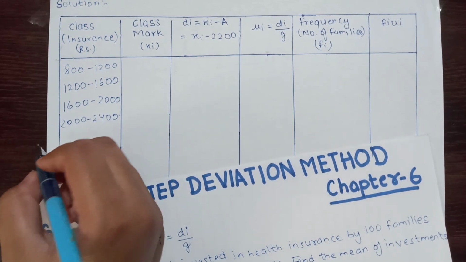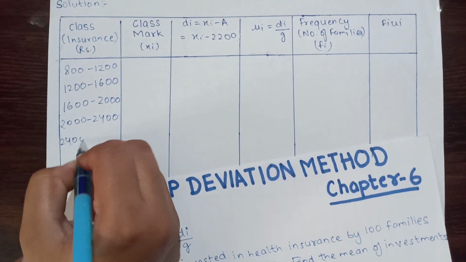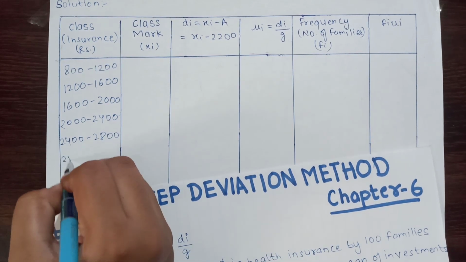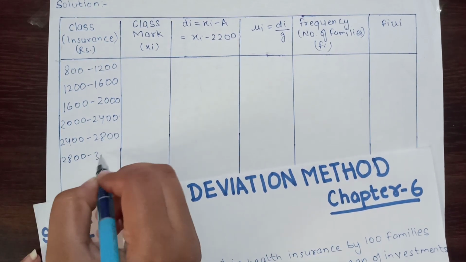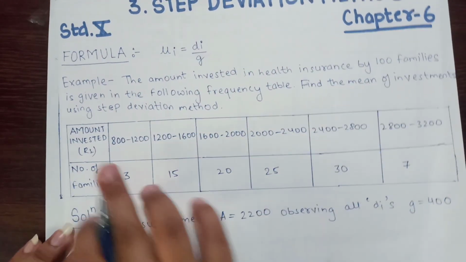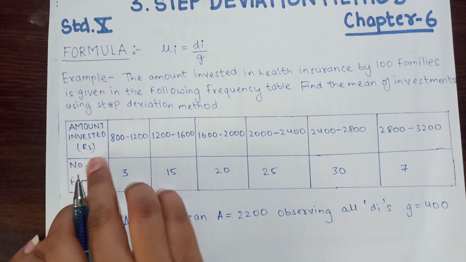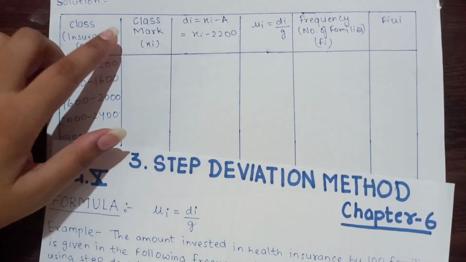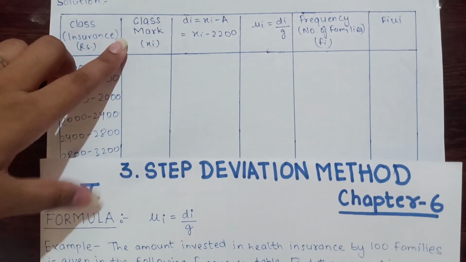Then after that 2400 to 2800, and then 2800 to 3200. So we have written the class intervals over here, amount invested in rupees. We have written this. So after that we need to find the class mark.